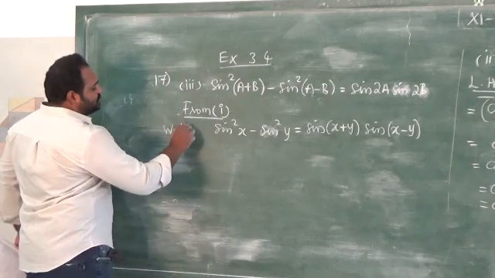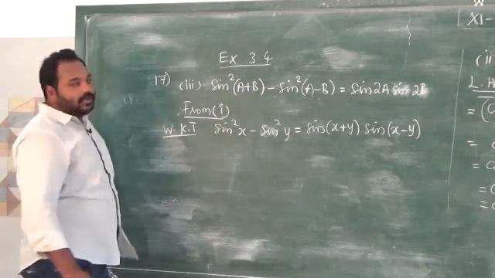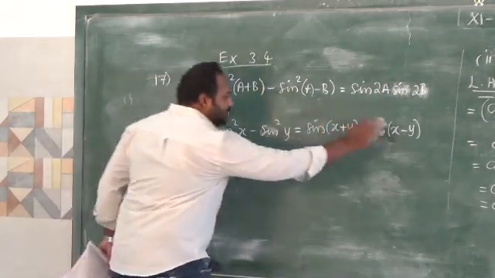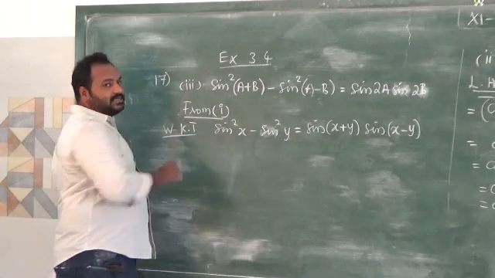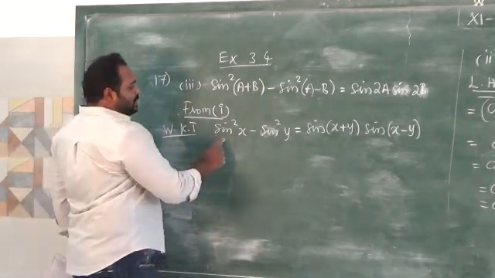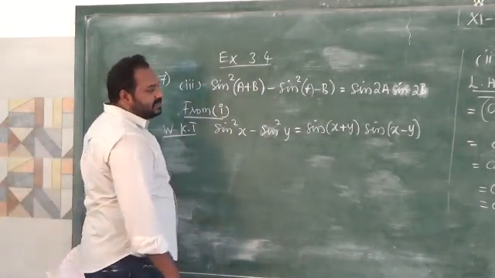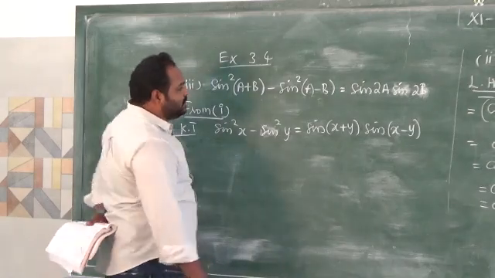We know that this proof we have already done. So you have to memorize this formula when this problem is asked separately in your examination. So sin square x minus sin square y can be written as sin of x plus y into sin of x minus y.